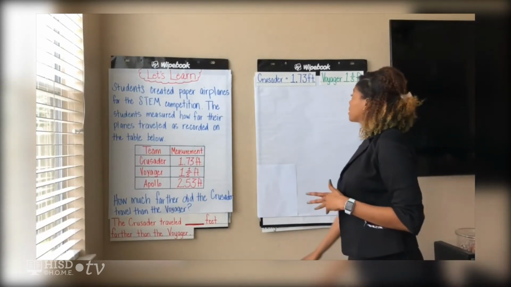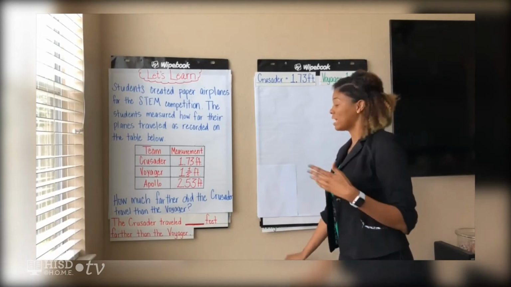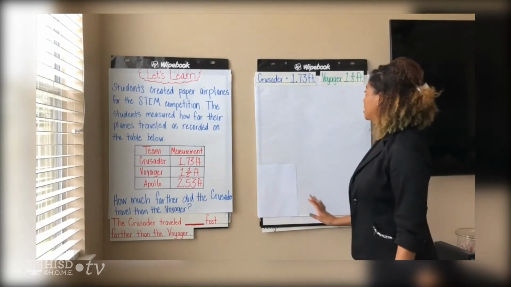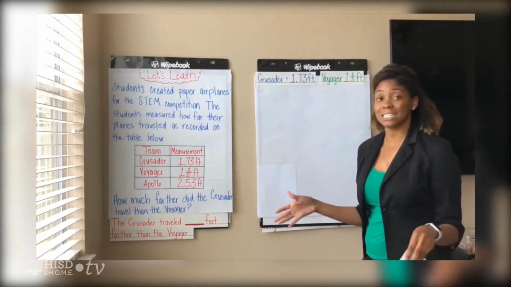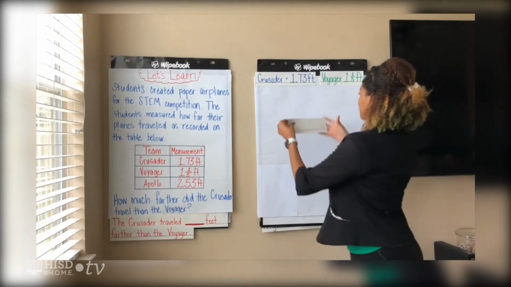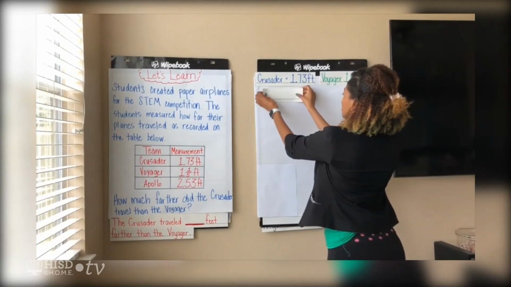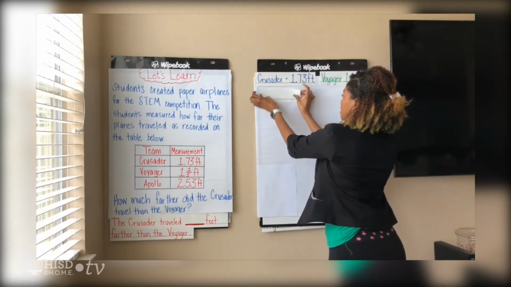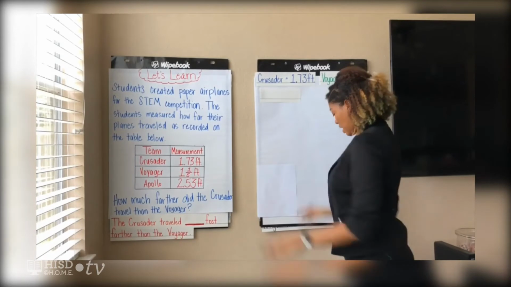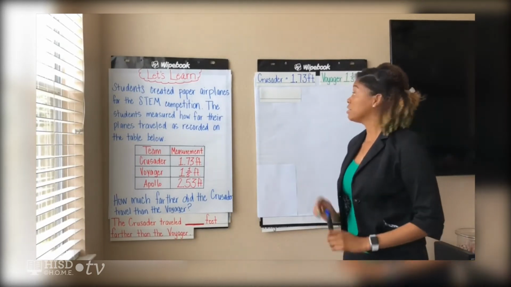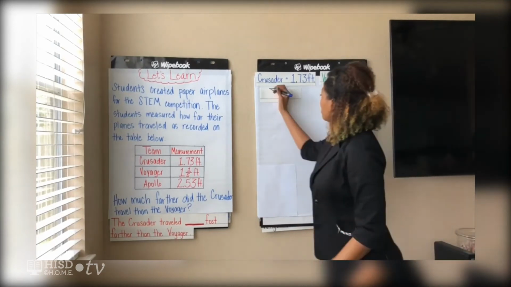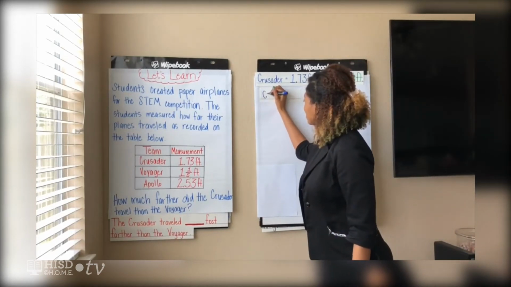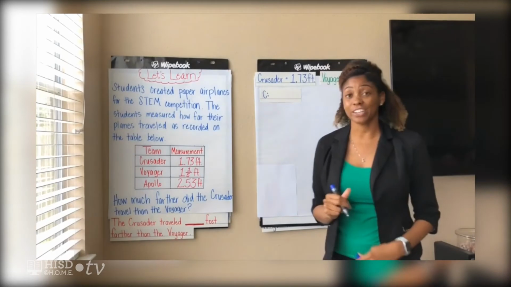So when we get ready to represent our problem, we want to make sure that we have everything labeled. The first thing we want to do is start off with our largest distance, and that will be the Crusaders. So I'm going to go ahead and put this little center strip here, and that bar is going to represent our Crusaders. Whenever we draw bars, we want to make sure we label them. So I'm going to put a C for the Crusaders.